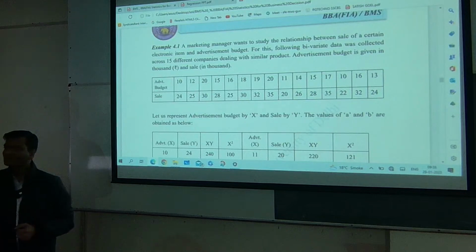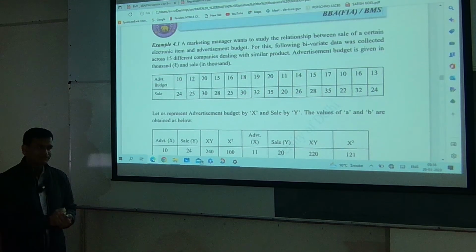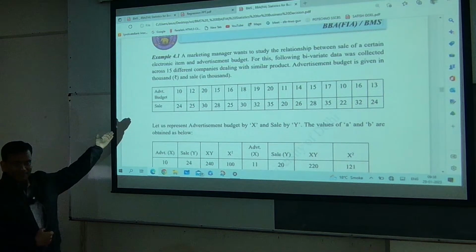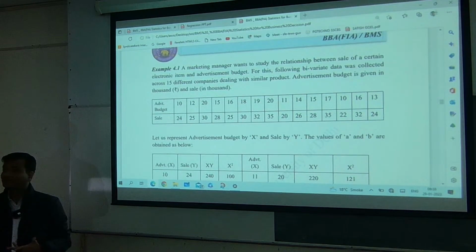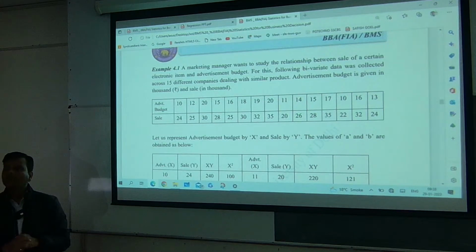Suppose I take a sample of 20 students randomly, which means everyone gets an equal chance. Then I have data like budget and sales here; similarly, I would have height and weight data of 20 students, and then I want to find how they are related and what kind of relationship they have.